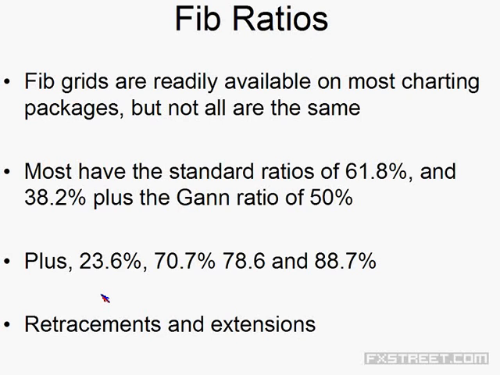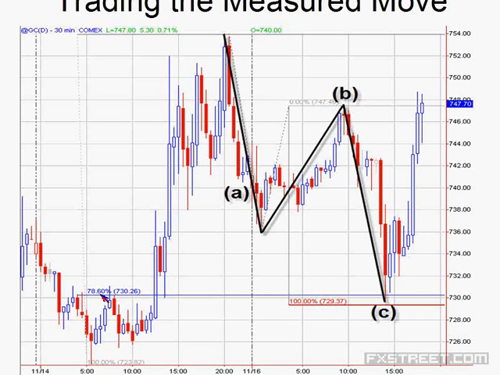So let's just consider some of these fib ratios for a moment. Sorry, let's just go back. Right, now, this is a trend here. I've not got a clear point for, but this is the trend which is moving up.